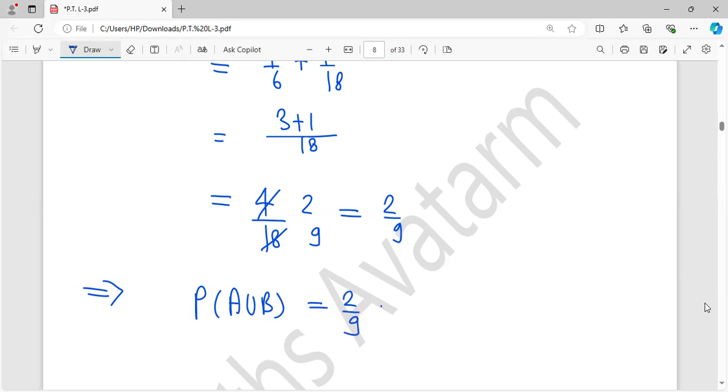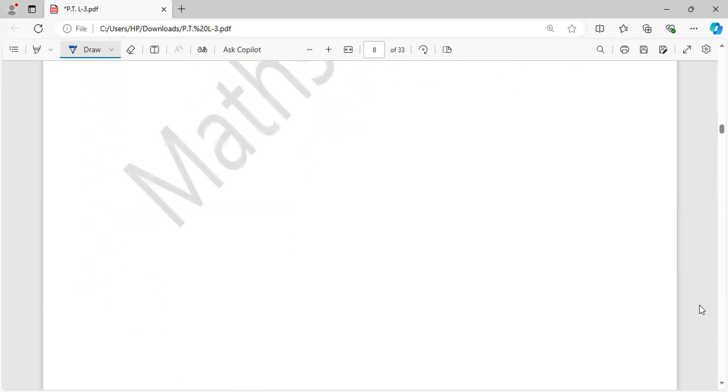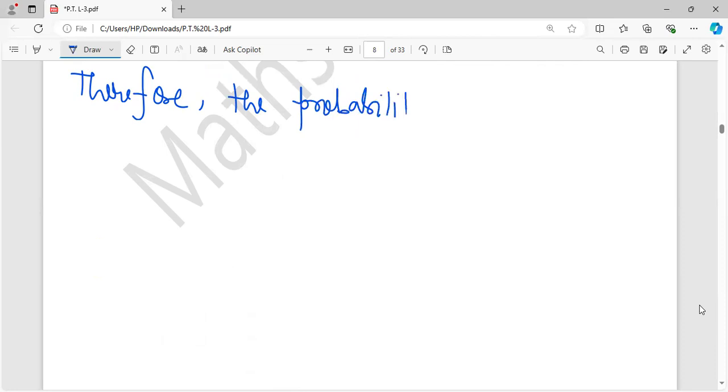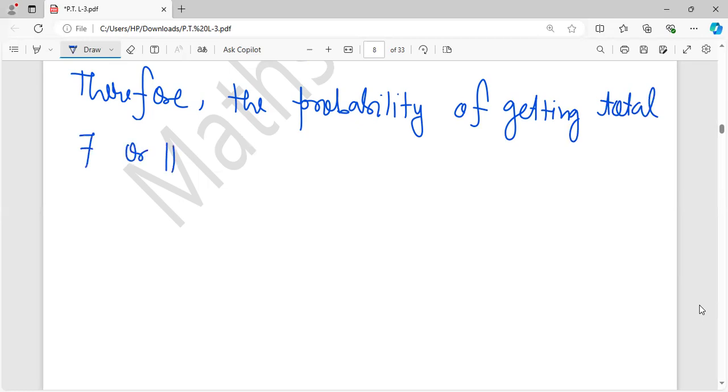Therefore, the probability of getting a total of 7 or 11 is 2 upon 9.